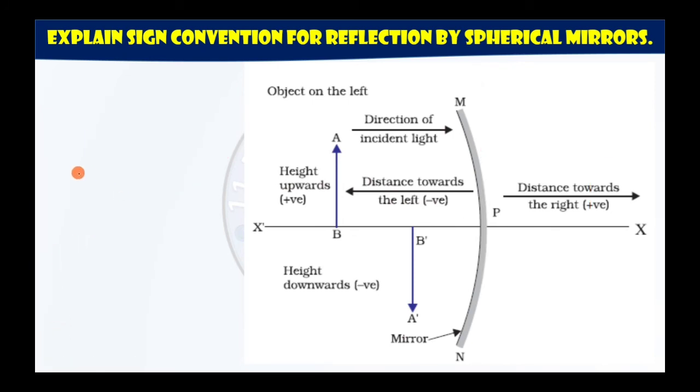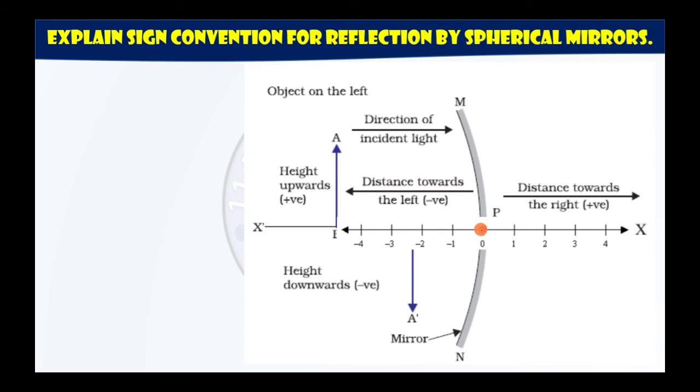Now let us understand the rules. Suppose this is the x-axis. On the x-axis, after 0, you have positive numbers on the right side and negative numbers on the left side. We will always measure from the pole because this is our 0, our origin.